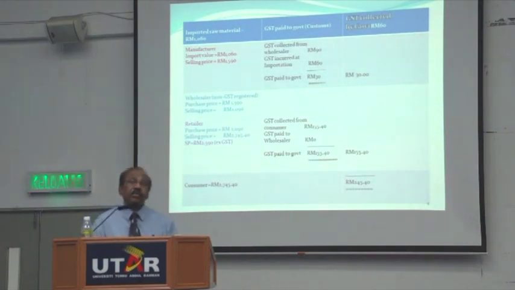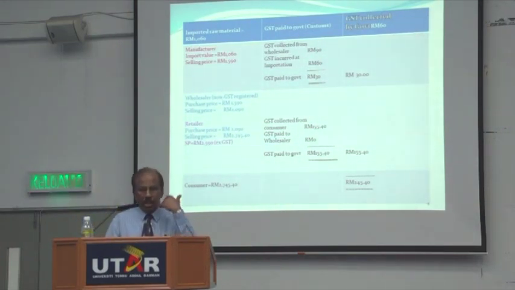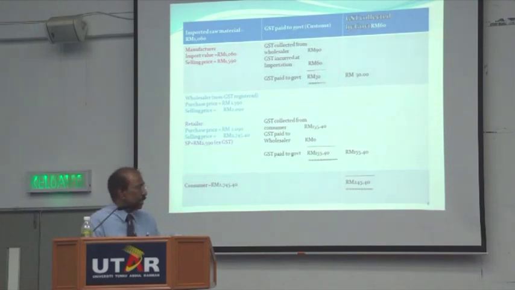So just now we said a person who can collect tax is a taxable person, and he has to be registered. All right. And if a person is not registered, he cannot collect the GST. So in this case here, this wholesaler is non-registered. So he cannot charge GST.